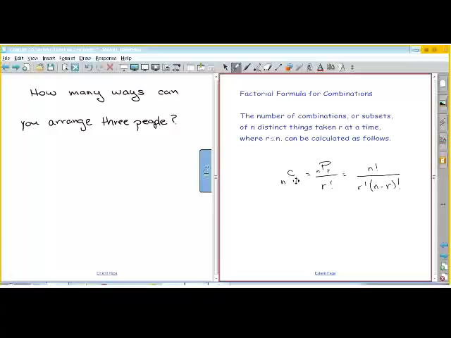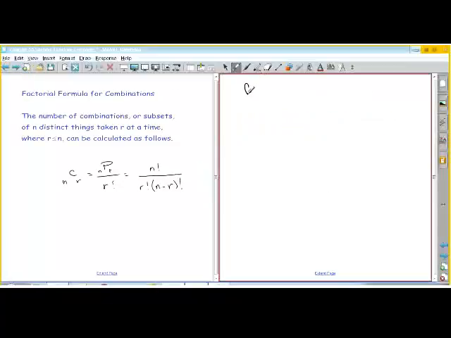N is the number of things we're choosing from, and R is the number of elements in the subset. It's equal to the number you get from using your permutation formula divided by R factorial, which is the number of ways you can arrange R objects distinctly. But the number of permutations is n factorial over n minus R factorial. So if you substitute the factorial formula for this, you get the factorial formula for combinations.